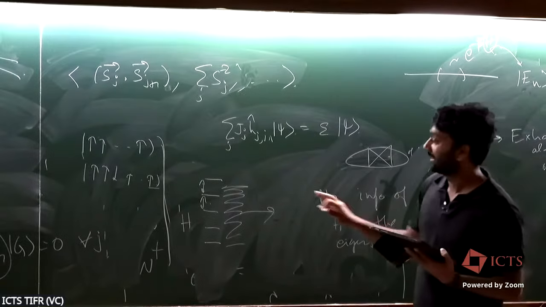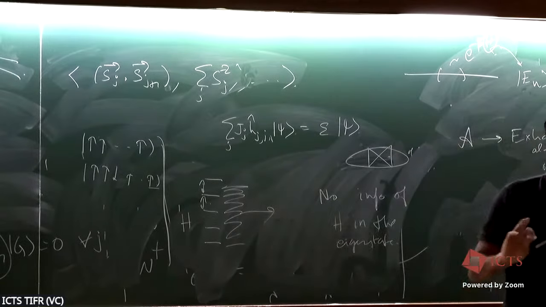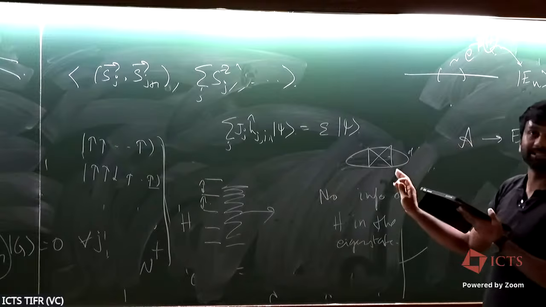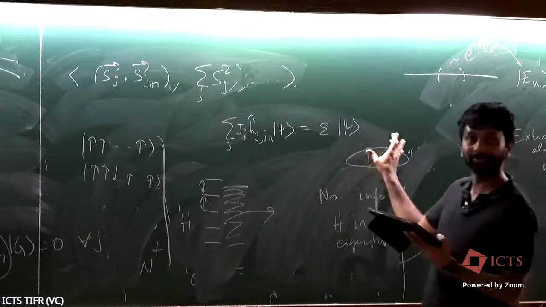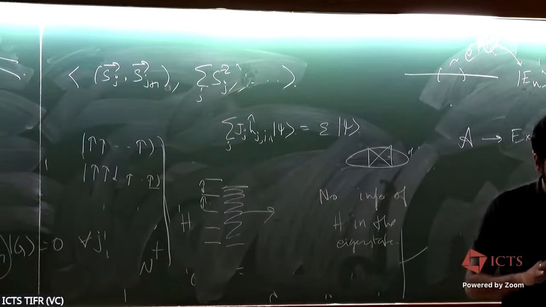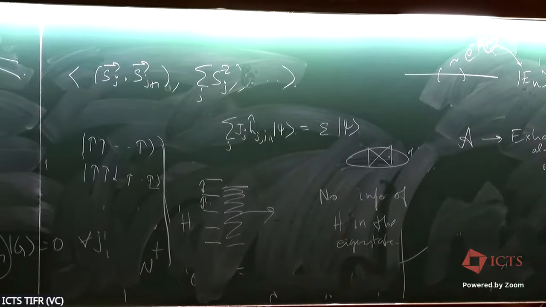But for the many body case, I think such an analogy sort of breaks down. So it's not very clear, and we are just kind of stuck with the terminology.